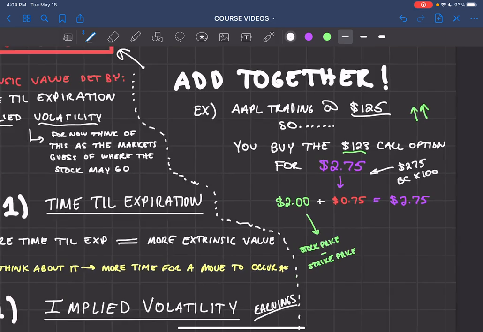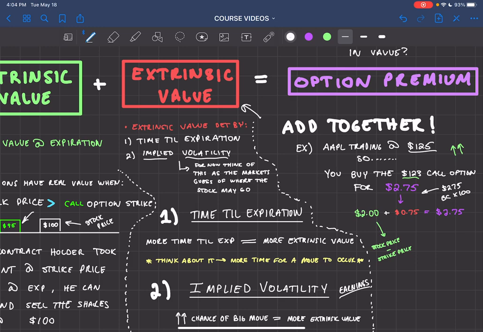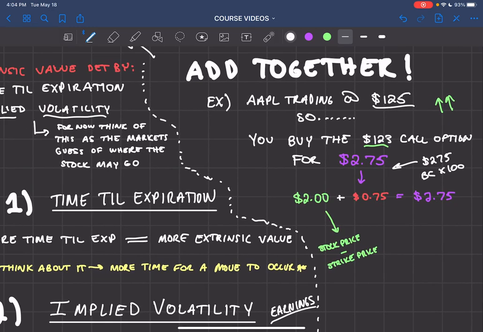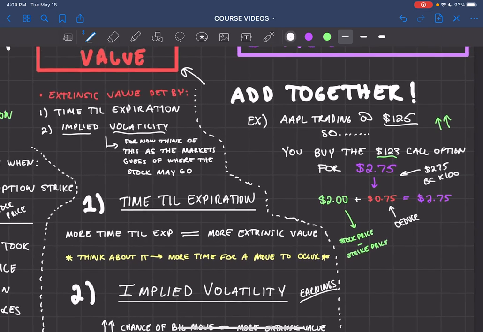So this is our option premium. Now we can see, what is this actually made up of? Well, we have $2 in intrinsic value, and since the total is $275 and we know it's $2 in intrinsic value, we can deduce or imply that the extrinsic value is 0.75.